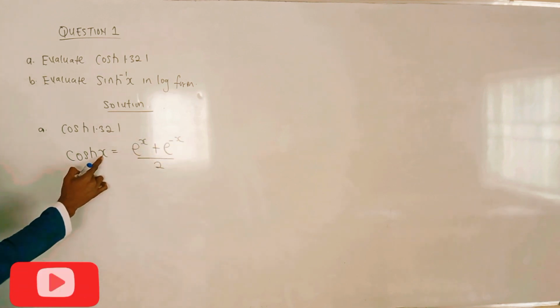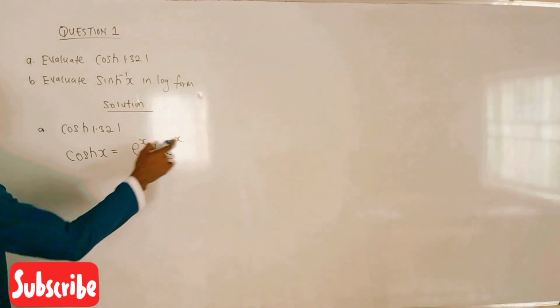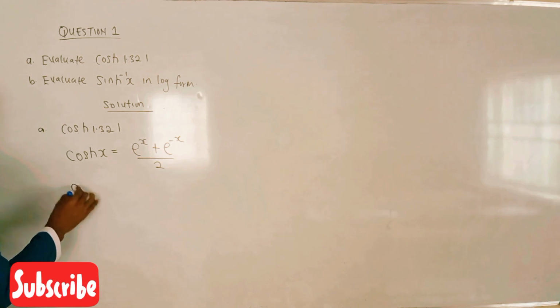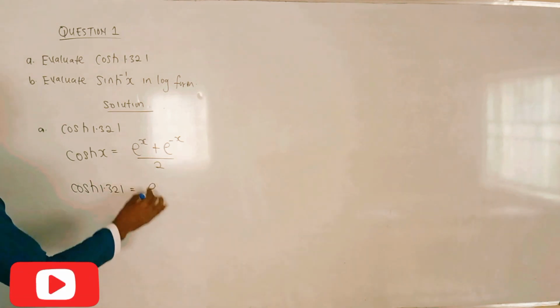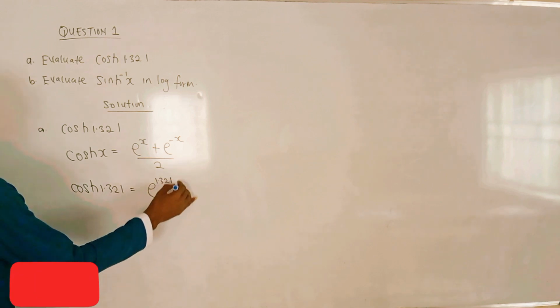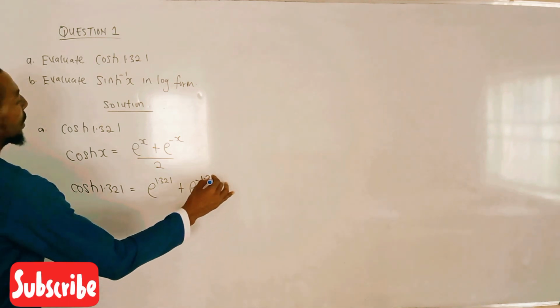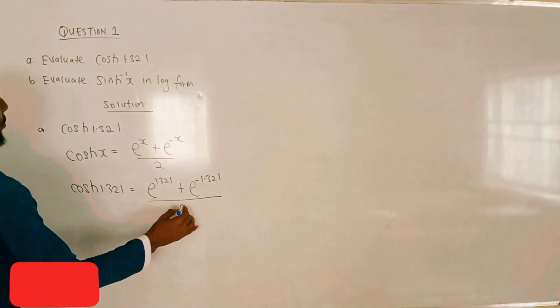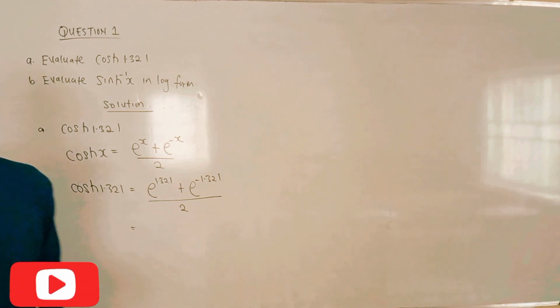So x being 1.321, we substitute the value of x there, so that cosh 1.321 is equal to exponential 1.321 plus exponential minus 1.321, all over 2.